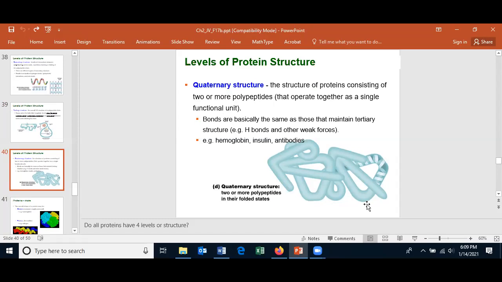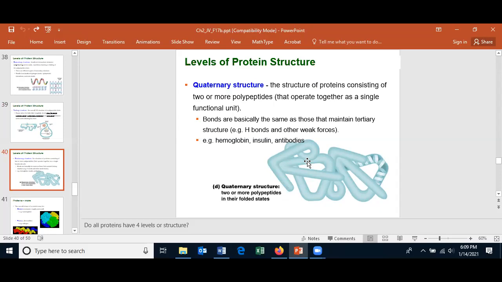Antibodies and hemoglobin are composed of 4 protein subunits that get together. And what the quaternary structure is the attraction and repulsion of the amino acids on one protein subunit being attracted to amino acids on the other protein subunit.